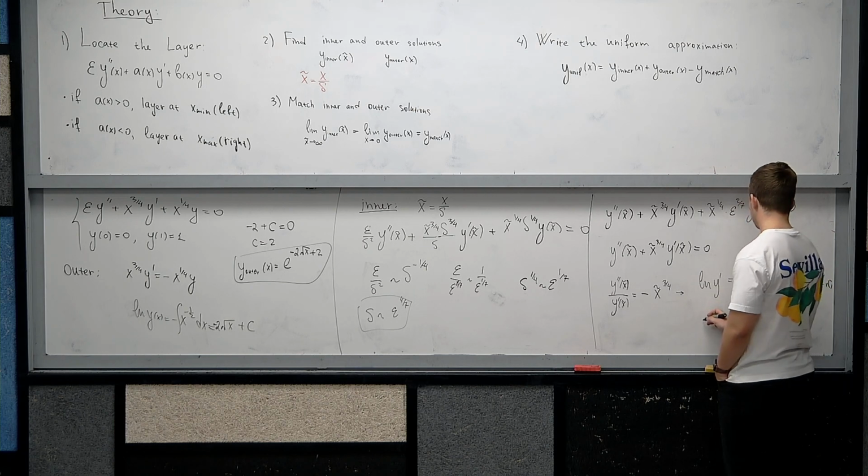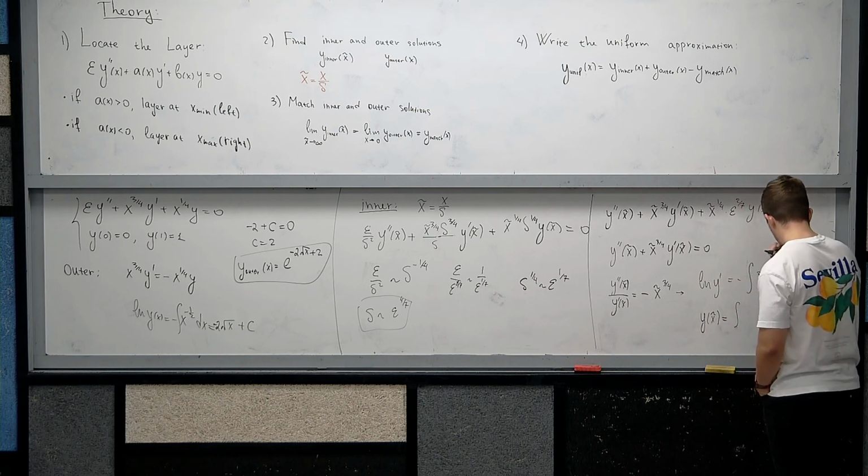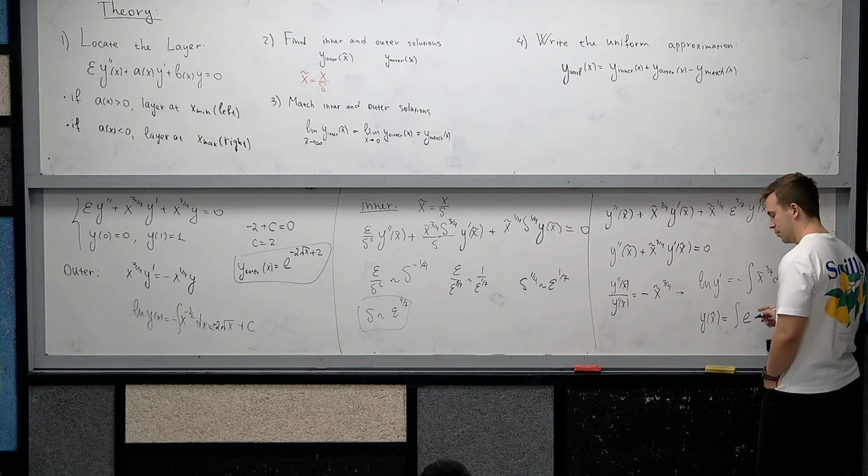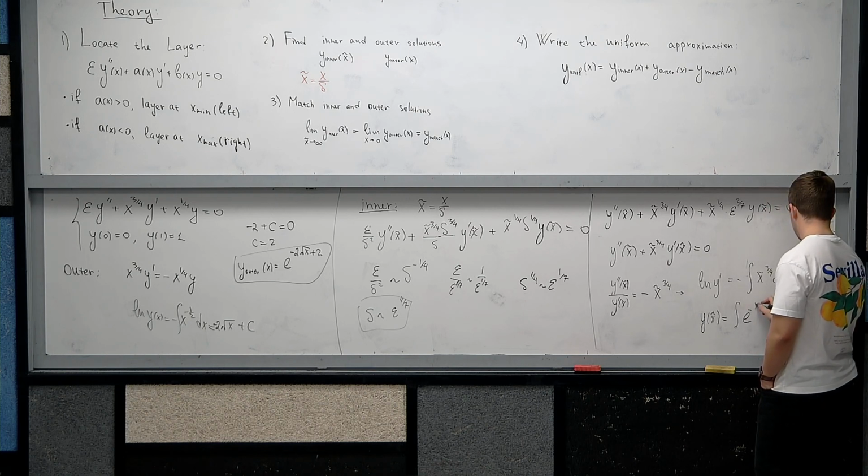Then we need to take the exponent and integrate one more time. So y of x tilde is the integral of the exponent, the integral of e to the power minus x tilde to the 7/4 times 4 divided by 7 plus C1, dx tilde.